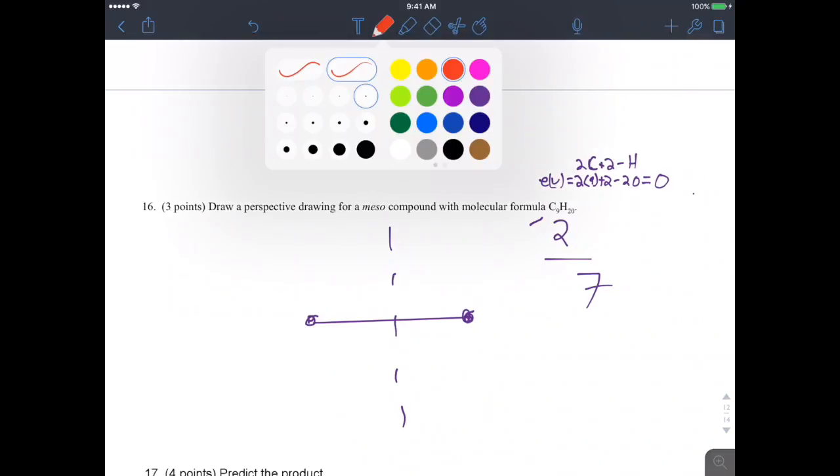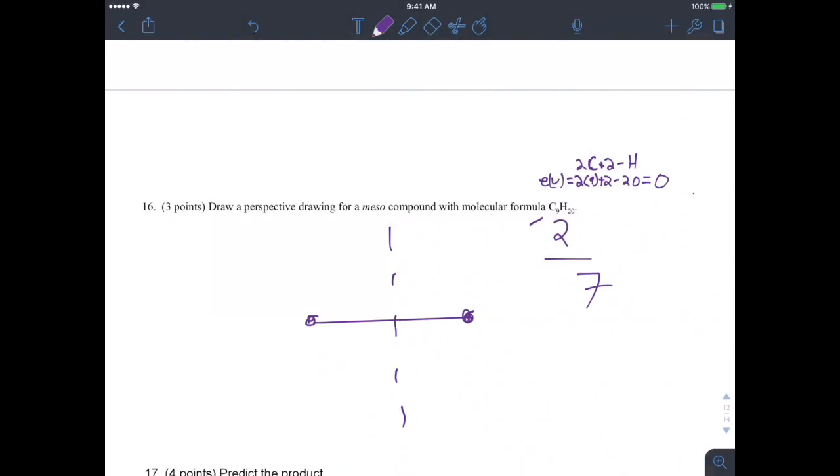So now we only have 7, we would have to divide that evenly to give us 2 equal-sided branch points or chiral centers. And that's not going to work because it's an odd number. If we divided this evenly in half, we would end up with 3.5, and you can't have half a carbon.